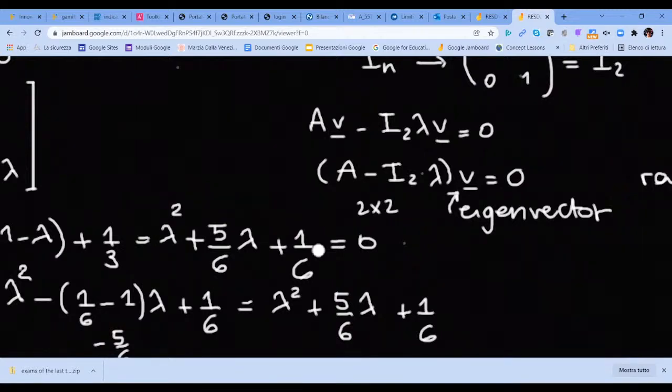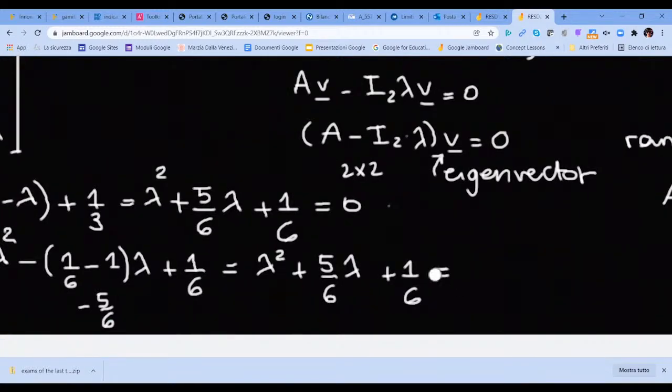Okay, so which are the values of lambda that solve this equation equals to 0?